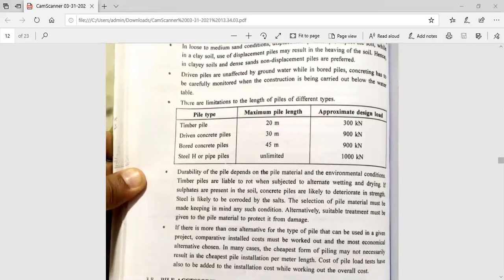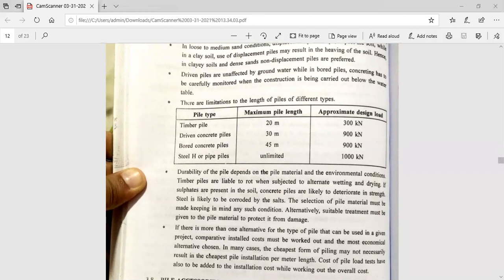So there are certain limitations to the length of piles in different types. Here, different types of piles are given, also provided with the maximum pile length and the approximate design load. For timber pile, maximum pile length is 20 meters and design load is 300 kilonewton.